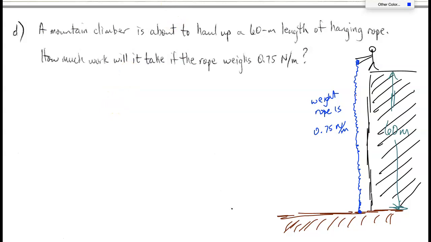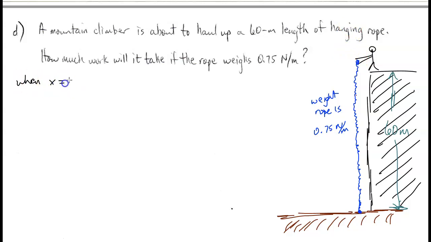Now we know that when we're at 0 meters, in other words, the person has pulled up 0 meters of rope.